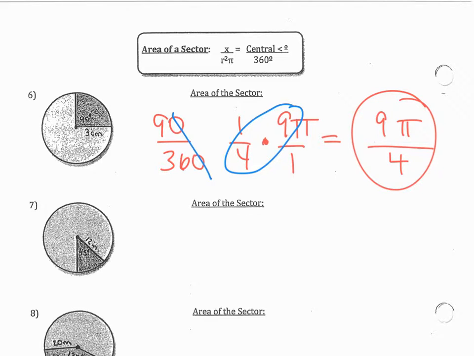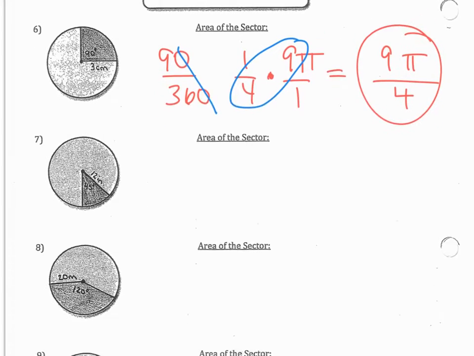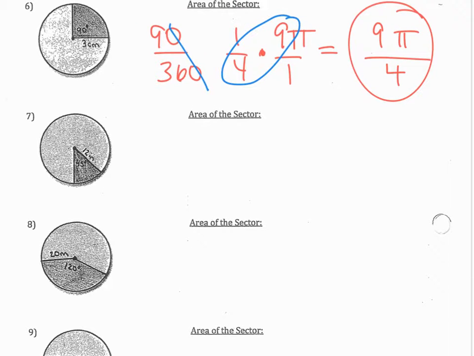So in the second one, number 7, how much of the circle do they want? Only 45. They only want 45 degrees of the 360 degrees, which Colin says is 1/8. They want 1/8 of the circle. What's the area of the entire circle? 144 pi.